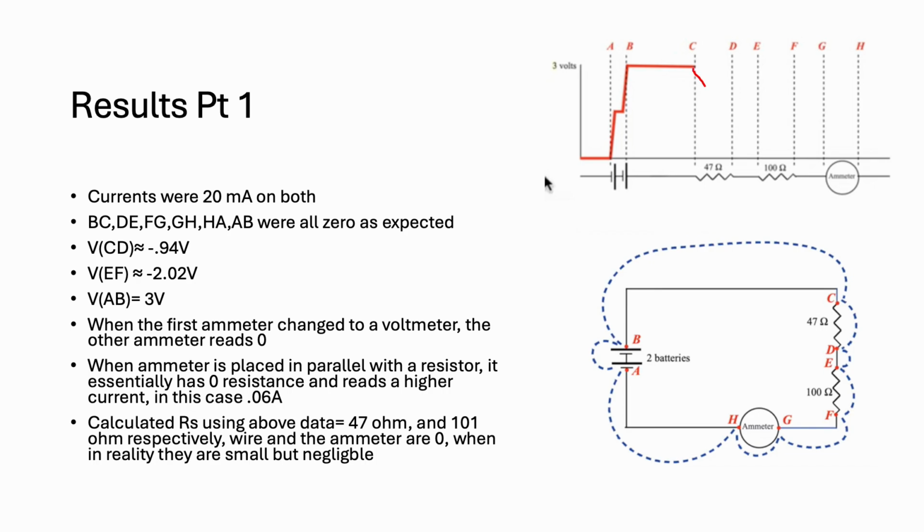From here it would go down, and then it would flatten out here. Then this would go down more, all the way to 0, and then it would stay at about 0. It's not quite 0 because there's a little resistance from the wires and the ammeter, but this is like 2-ish.